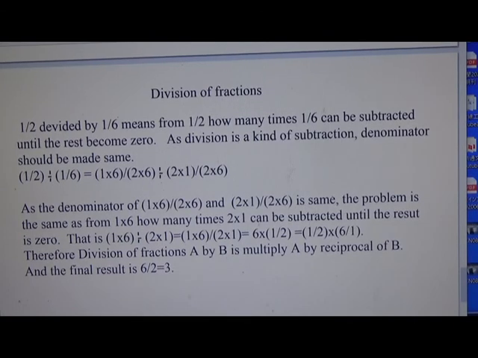Therefore, division of fractions a by b is multiply a by the reciprocal of b, and the final result is 3.